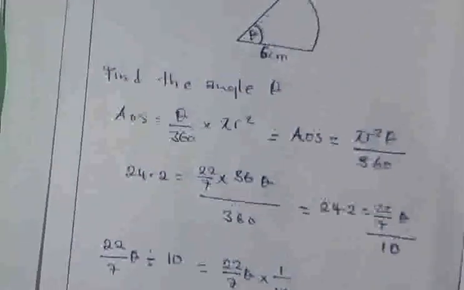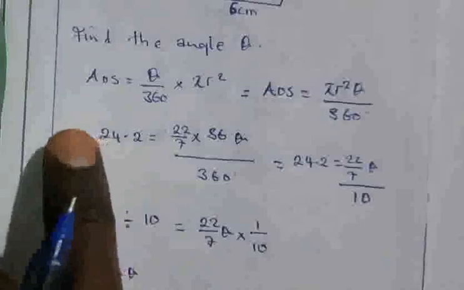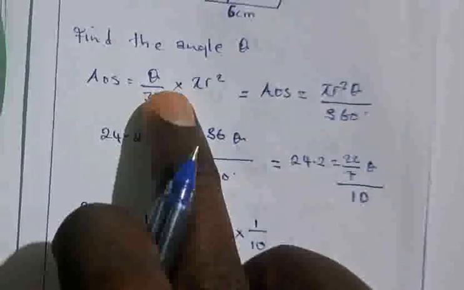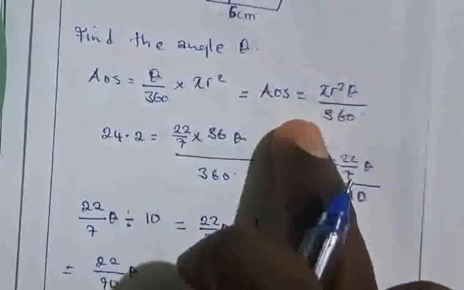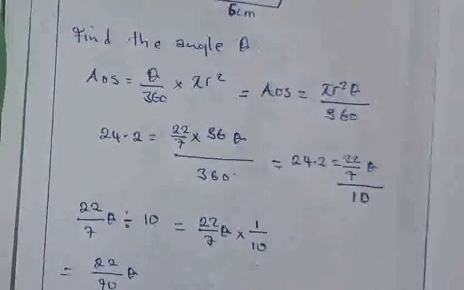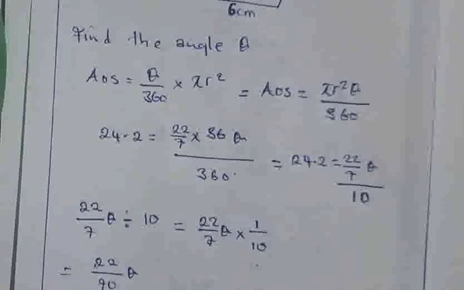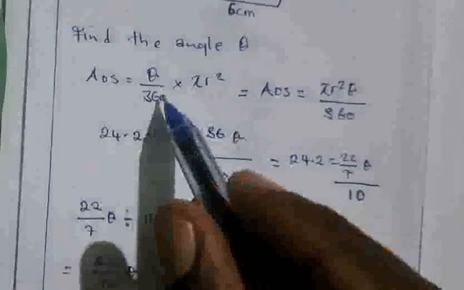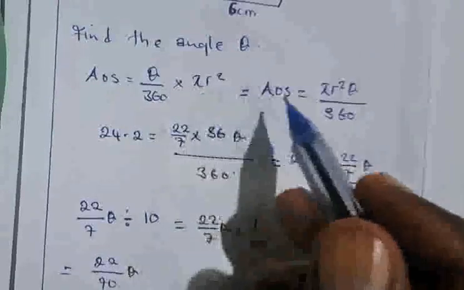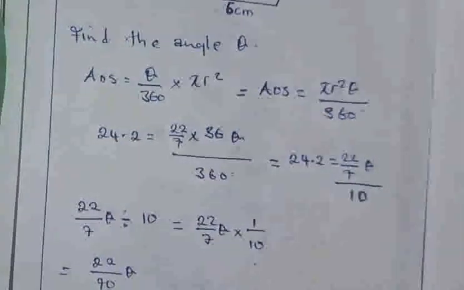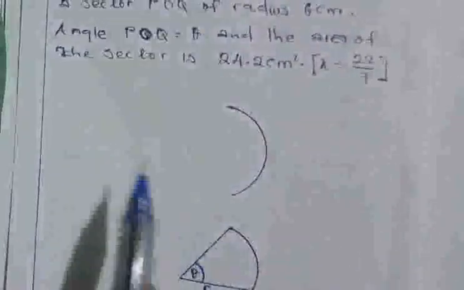Remember, first of all, we had to write the formula, and then we rearrange the formula so that we don't have separate parts, but we want it to be together like this one. From theta times pi r squared, we just said pi r squared theta. Then from there we substituted, and remember we were given the angle of the sector there.